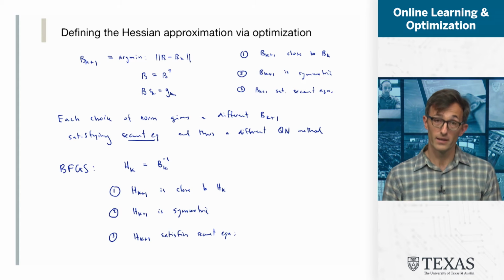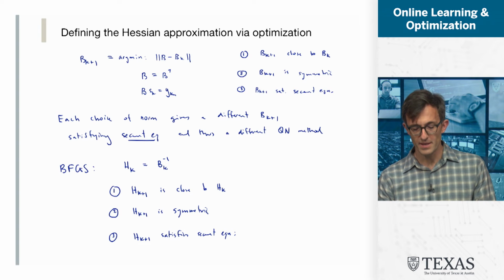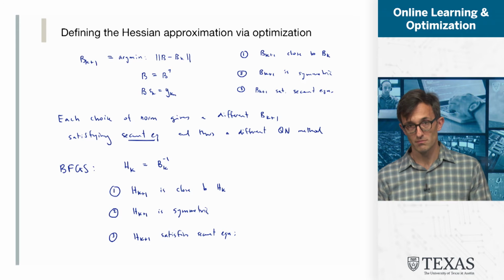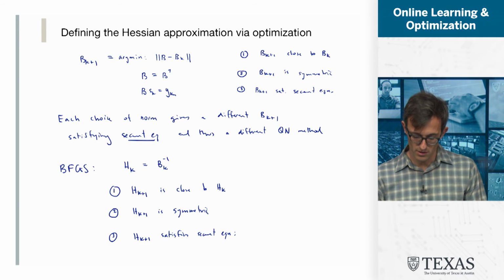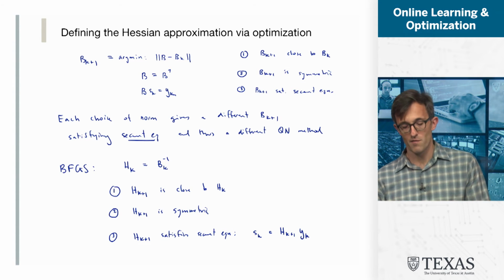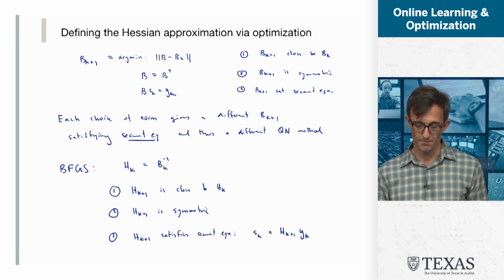What does that look like? Well, if the secant equation for B is that B_{k+1} s_k equals y_k, the secant equation for H is just taking the inverse. So it's s_k equals H_{k+1} y_k. In other words, instead of B s_k equals y_k, it's s_k equals B inverse y_k.